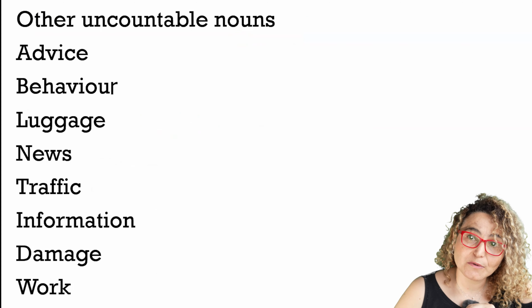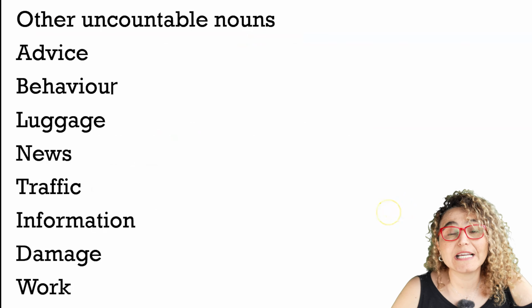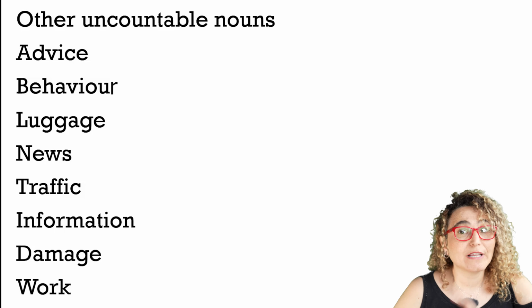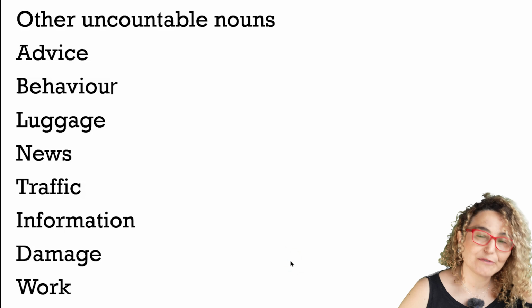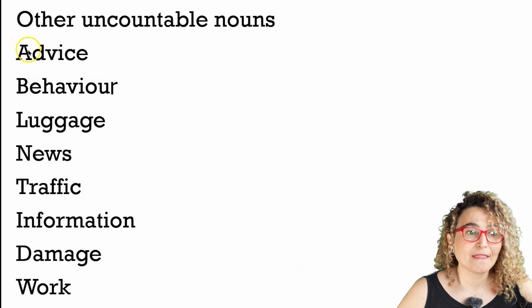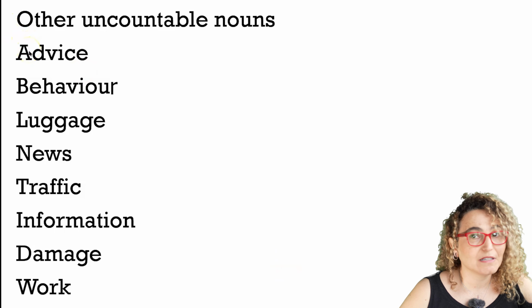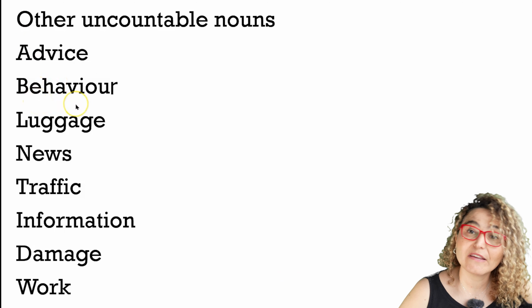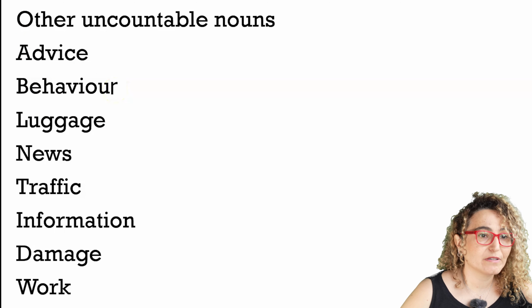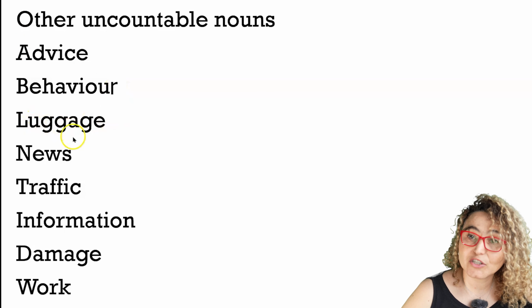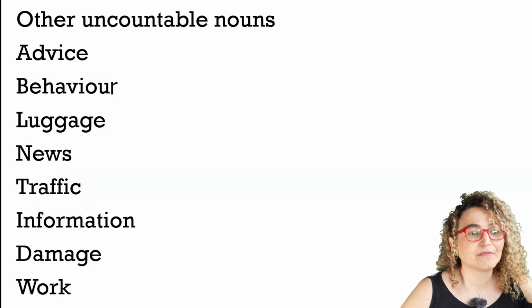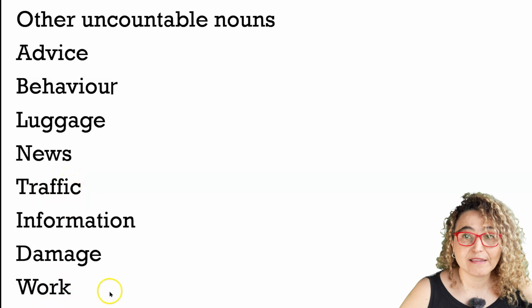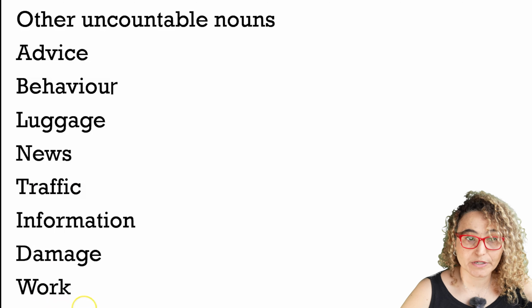There are also nouns that we can't count, which are called uncountable nouns. And like I said, these ones you always have to remember, okay? Advice, it's not countable. Behavior, luggage, news, traffic, information, damage, and work.